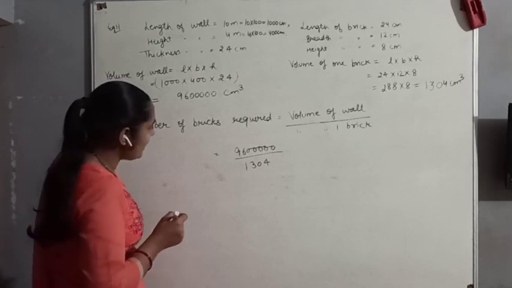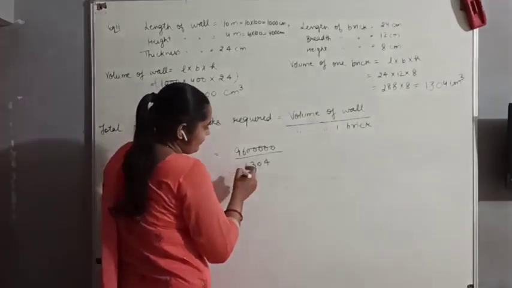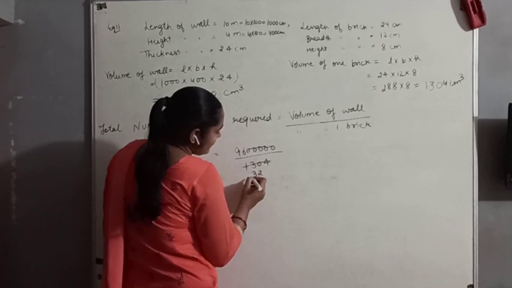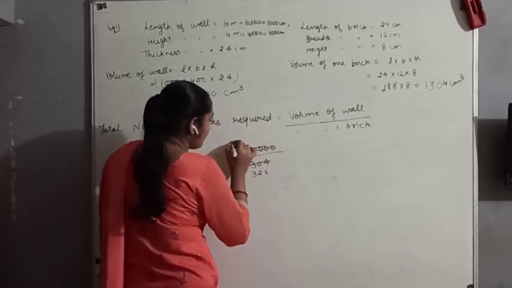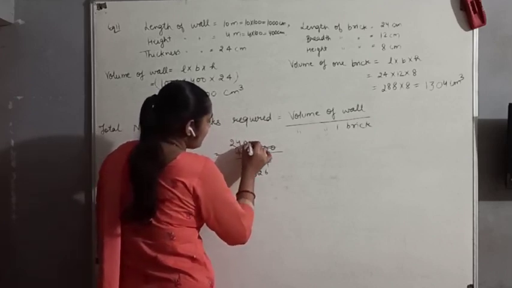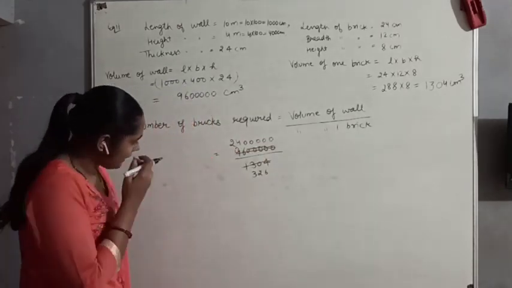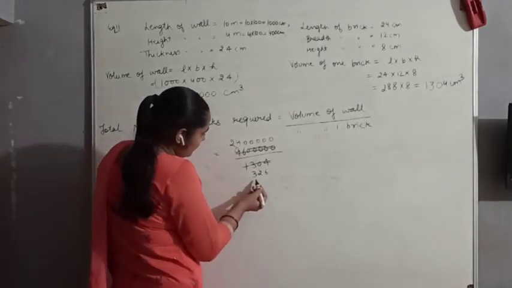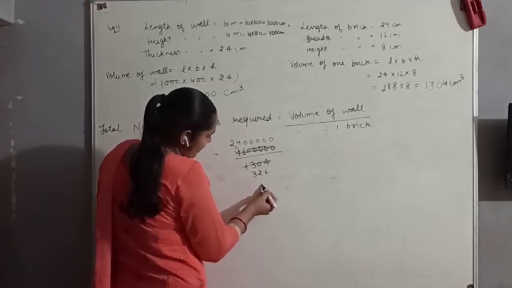It is divisible by 4. 4 3s are 12, 4 2s are 8, 4 6s are 24, 4 4s are 16, 24, 8.